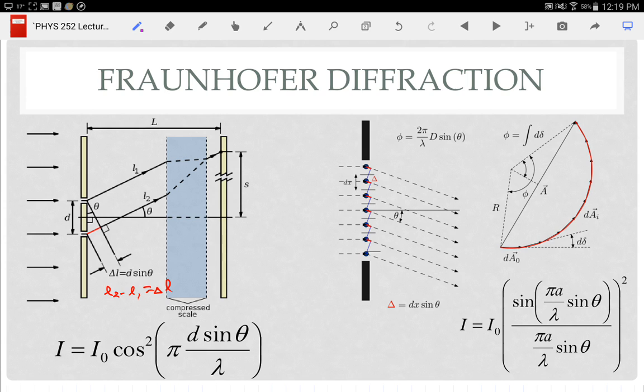Sine of 0 is 0. Okay, so you have sine of 0 on top, so 0, and on bottom, you have 0. So you have 0 over 0. Well, how do you find the value of 0 over 0? L'Hopital's rule. So you can apply L'Hopital's rule.